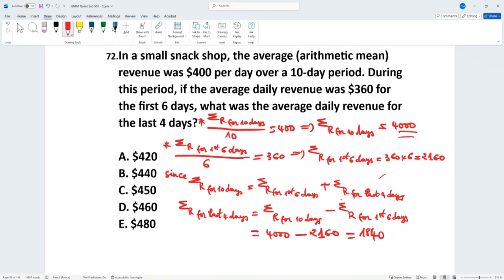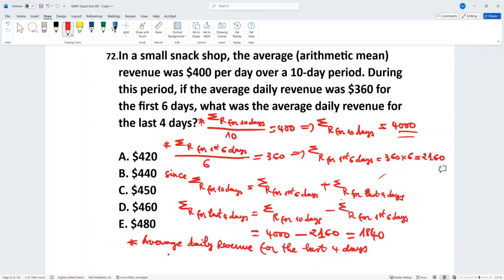So now, what is the average? Let me come here. So we are going to say, average daily revenue for the last 4 days.